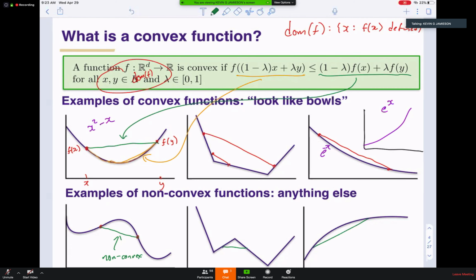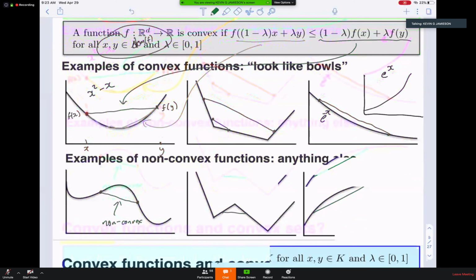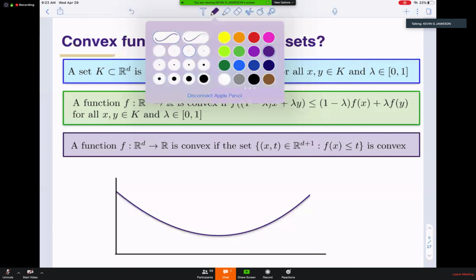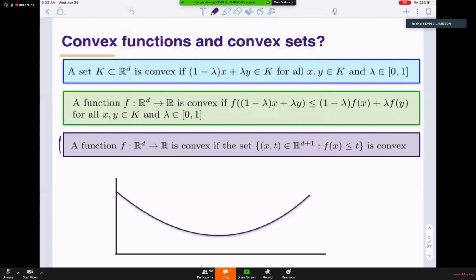And so these are convex functions, and the connection between convex sets and convex functions is the following, this purple definition here. A function f is convex if the set of x and t, where x is in R^d and t is some additional real number, such that f of x is less than or equal to t, is convex.